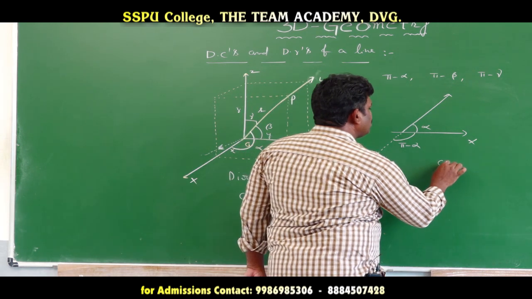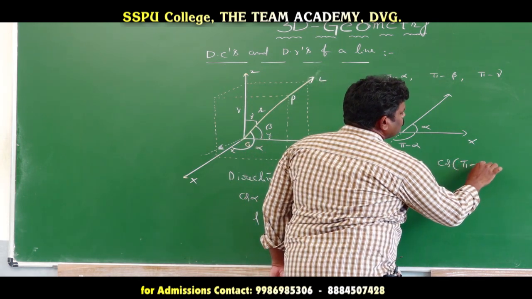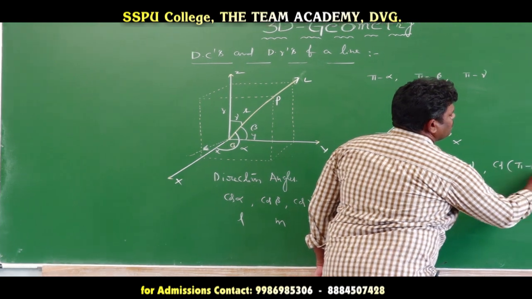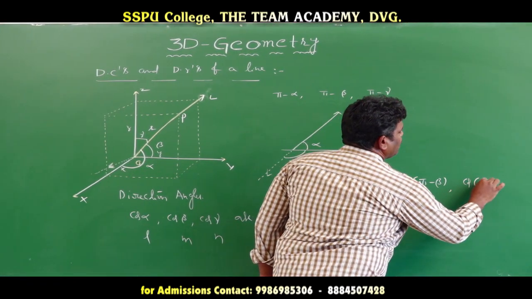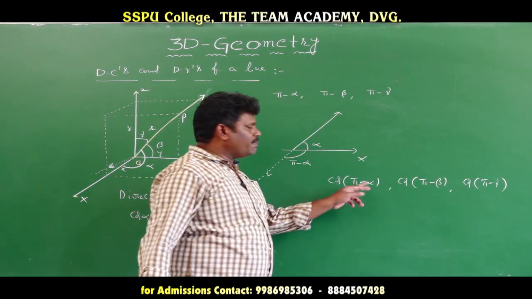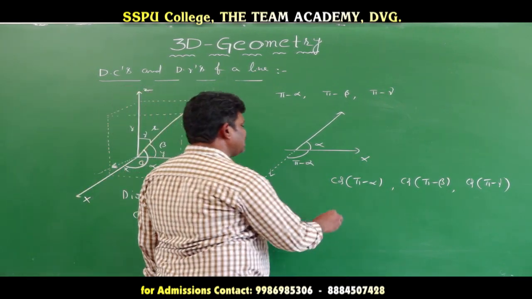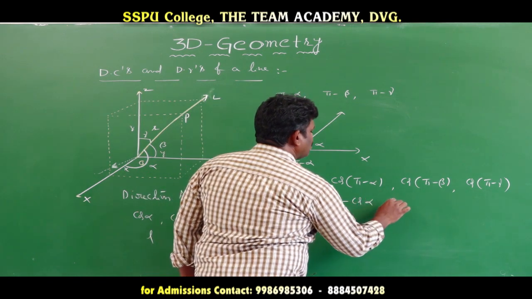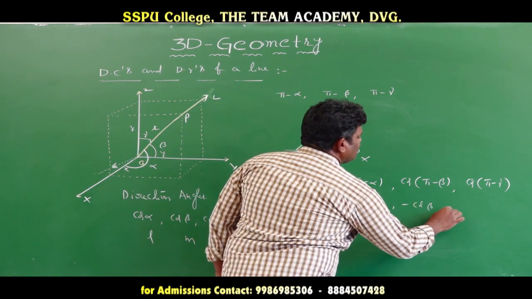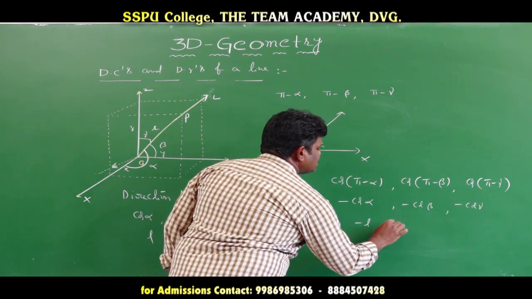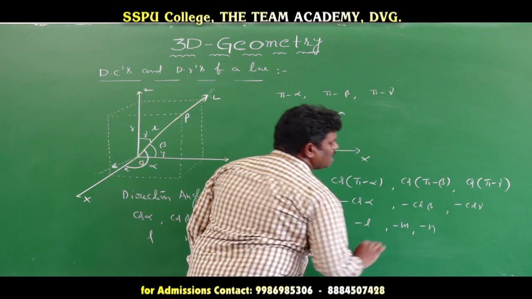Then we have cos of pi minus alpha, cos of pi minus beta, cos of pi minus gamma. Here pi minus theta is in which quadrant? Second quadrant. In the second quadrant the cos function is negative. So minus cos alpha, minus cos beta, minus cos gamma. So what we get here is minus L, minus M, minus N.